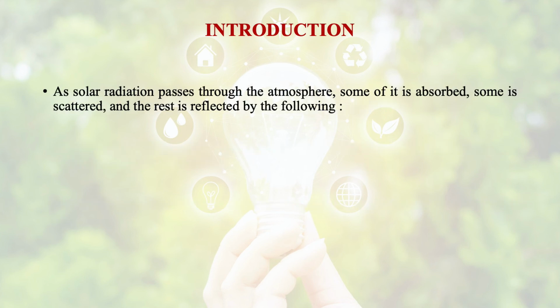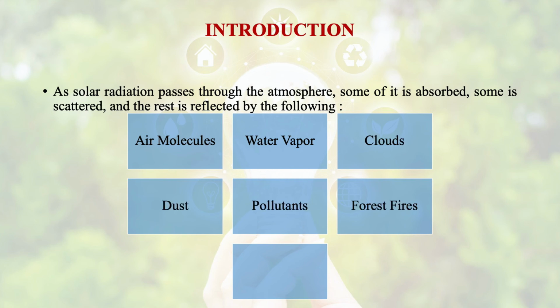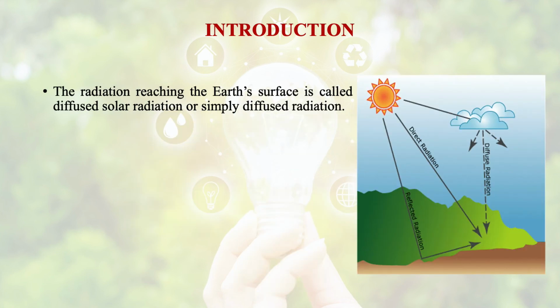As solar radiation passes through the atmosphere, some of it is absorbed, some is scattered, and the rest is reflected. Why? Because of factors. Which are those factors? Air molecules, water vapor, clouds, dust, pollutants, forest fires, and volcanoes. The radiation reaching the Earth's surface after scattering is called diffused solar radiation, or simply diffused radiation.